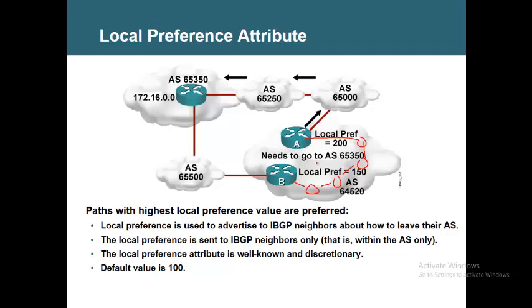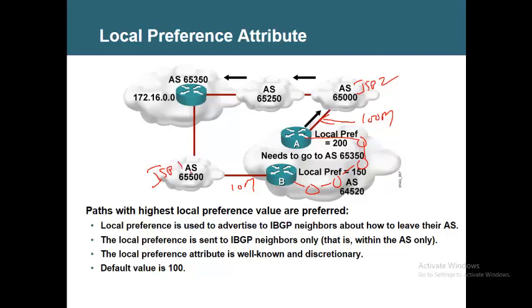I want A to be the exit point. Why? Because I got more bandwidth here, let's say 100 meg, and I got only 10 meg here. So I want to exit via A. A really does not know that we have more hops, or the administrator did not focus. The administrator says, hey, see, I have a very good deal with ISP2.